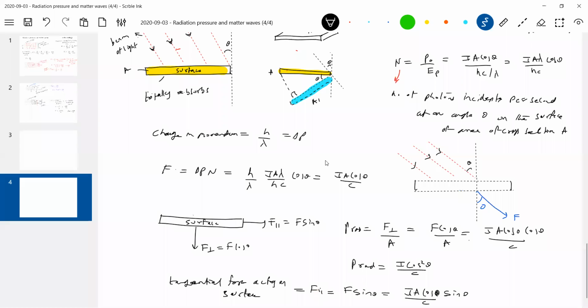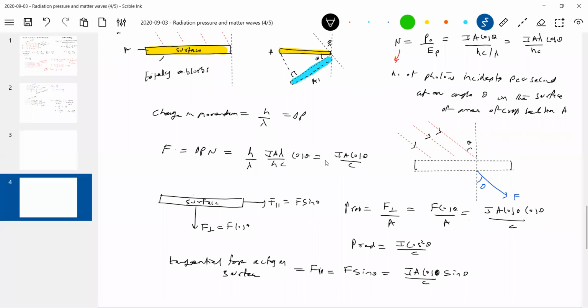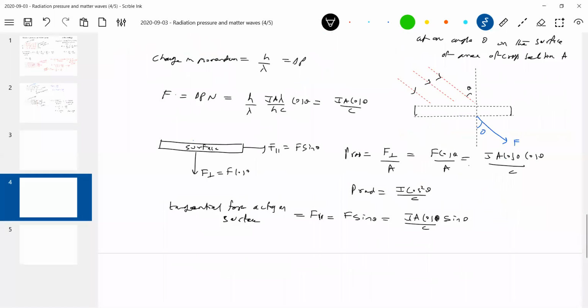Again, if I ask you the shearing stress, then it is F parallel by A. So what is the shearing stress on this surface? This is what is widely used in skin treatments. There's a stress.